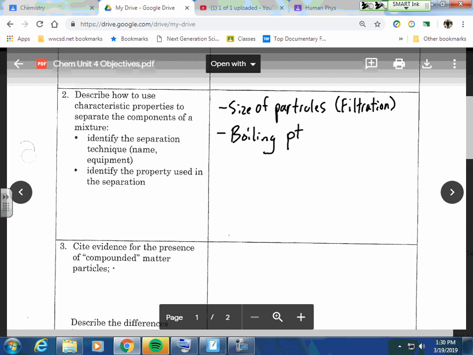So if I have a mixture like water and salt, we still have the properties of water and the properties of salt. I can use the boiling point of water, the fact that it's lower than salt, to boil the water off. I could either collect the water and have that separate, or just say that I separated the salt out because that would be left behind. What we call this process is distillation.